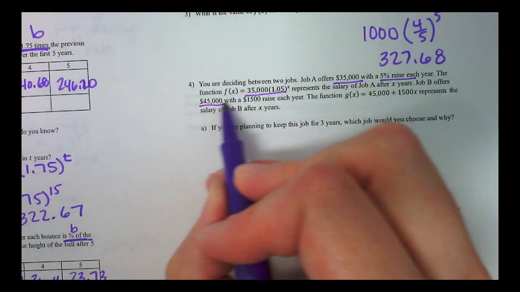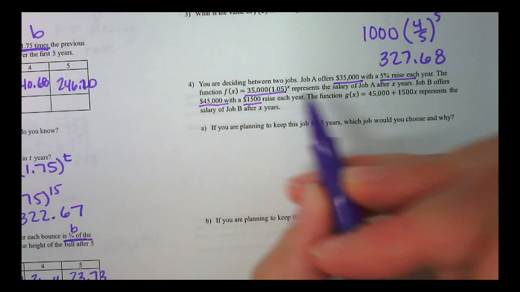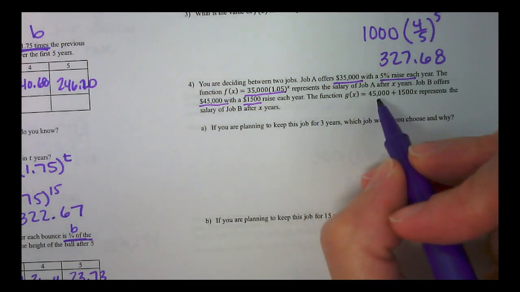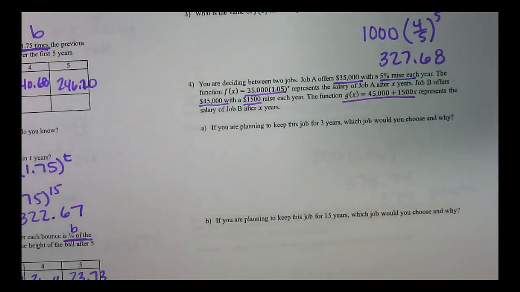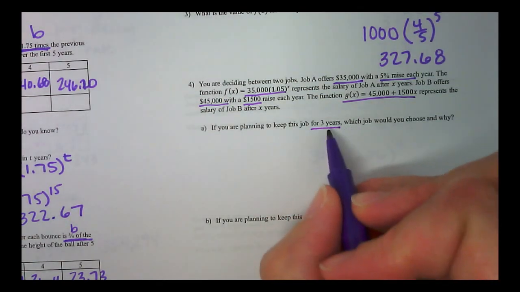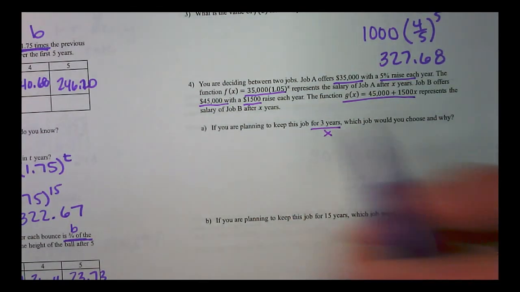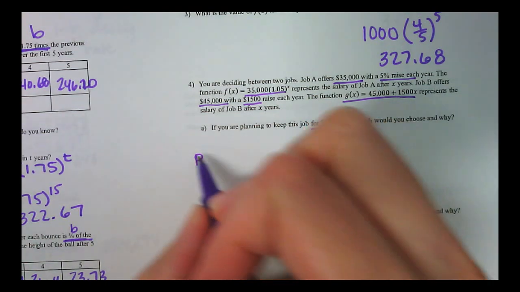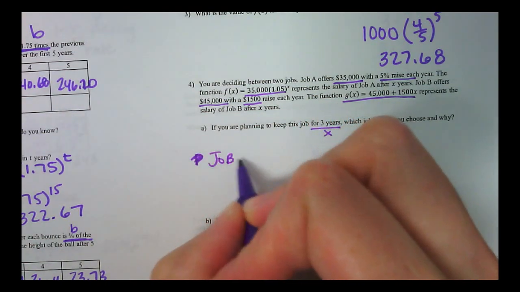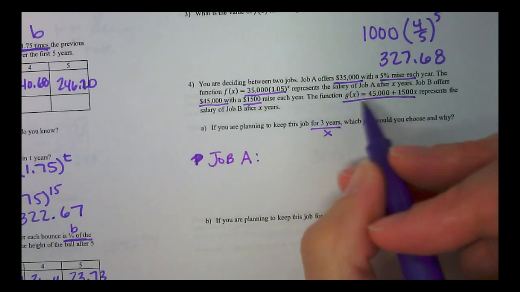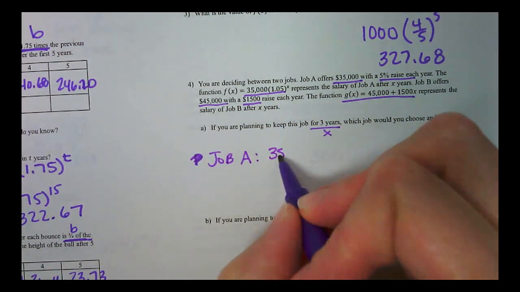Job B offers 45,000, 1,500 raise each year, and this is our function. If you're planning to keep the job for 3 years, so that's our x, which job would you choose and why? So if I do job A, I plug in my function.